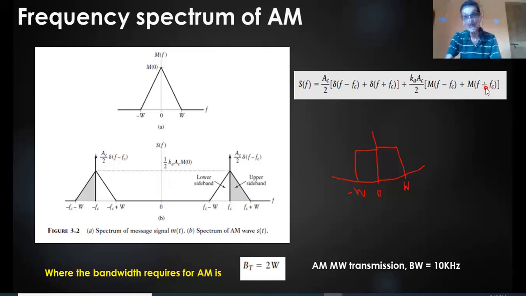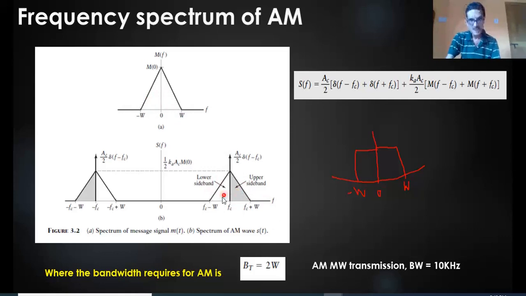Centered at fc, I draw the same spectrum. That means this spectrum is shifted right by a frequency of fc. So this portion is equivalent to this portion.